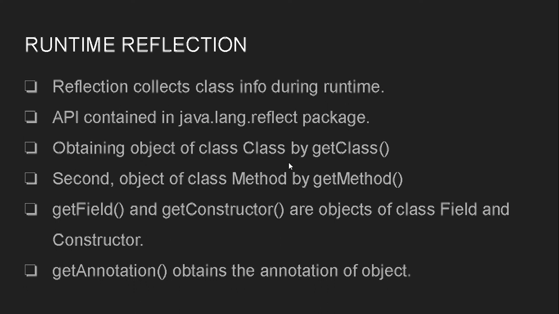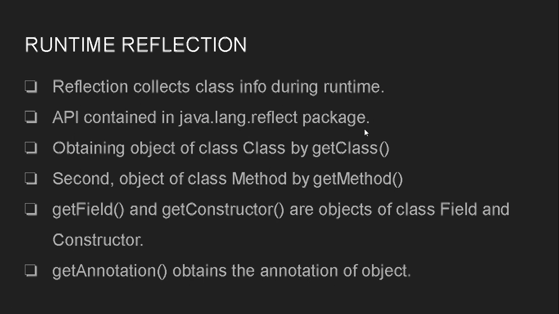In much the same manner, you can get the Field, and getConstructor gets the object of the Constructor class. getAnnotation is also a method, defined in the class, and it obtains the annotation of a particular object. These things will not be clear here because I am not using the IDE, but when I use the IDE, these methods and concepts will become clearer.